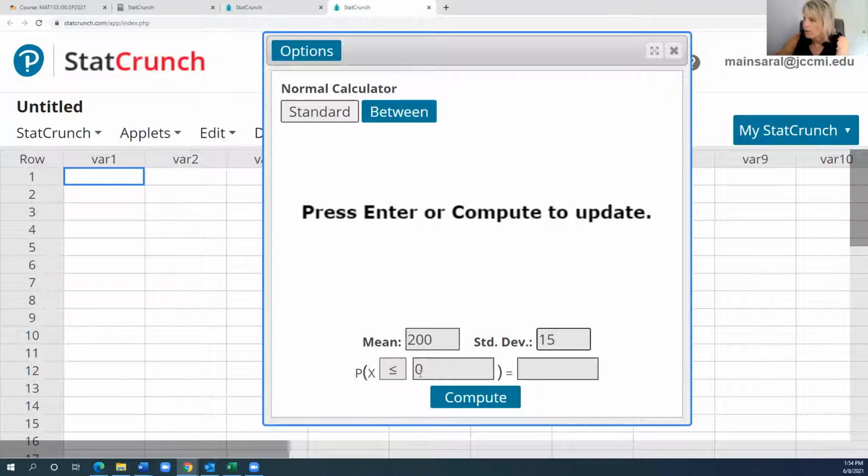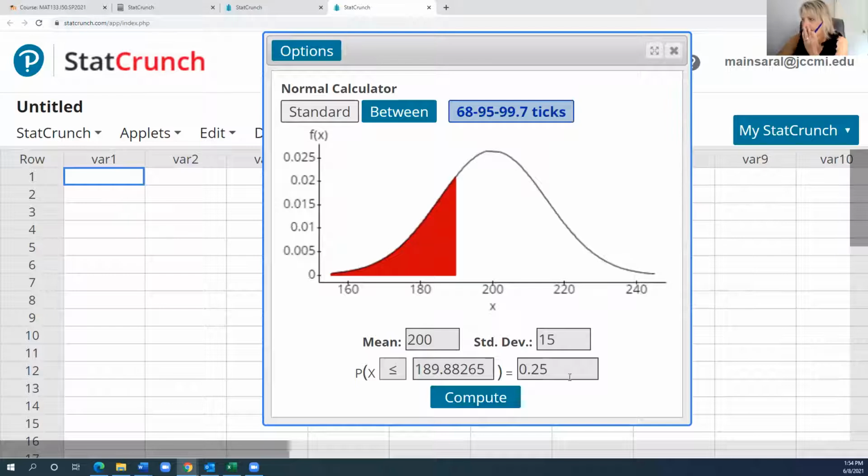And we want to do X is less than or equal to, but we don't know the X value. We do know that it's 25% or 0.25. So we can see that that part's blank right here. And that tells us that X must be 189, and we'll round to 2 decimal places, 189.88. So 25% fall below 189.88.